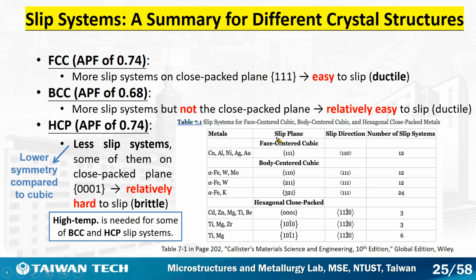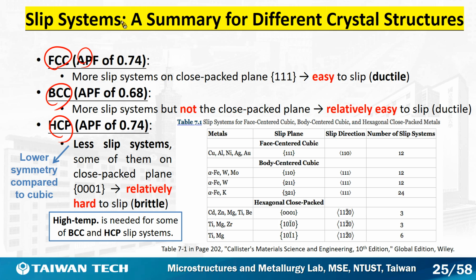Okay, and let's first talk about slip systems for different crystal structures. As we now know, a slip system contains a slip direction and slip planes. And here for different crystal structures, we can summarize them. First, let's talk about three basic crystal structures: FCC, BCC, and HCP. And they have different APF.